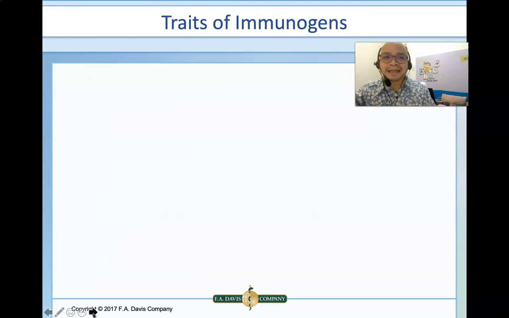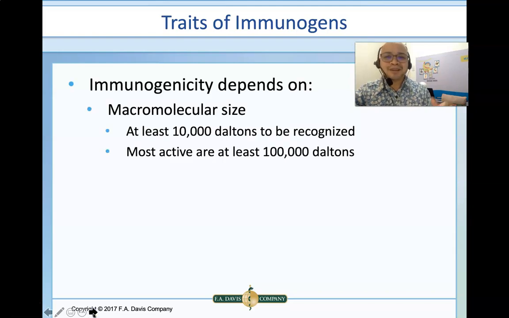Okay, and what should be the important traits of immunogen? Immunogenicity depends on different factors. One of the most important factors is its molecular weight, the macromolecular size. The minimum requirement should be 10,000 Daltons to be recognized by the immune system, and most active are at least 100,000 Daltons.